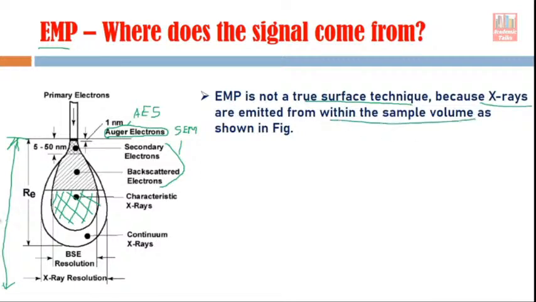The secondary or backscattered electrons were coming from the near surface area, and Auger electrons were coming out of just the top surface itself. So the X-rays come out from the deeper part of the sample, not from the surface portion. So it is not a true surface technique.